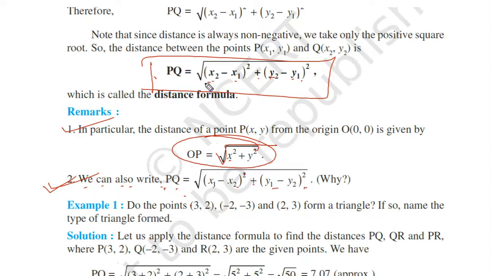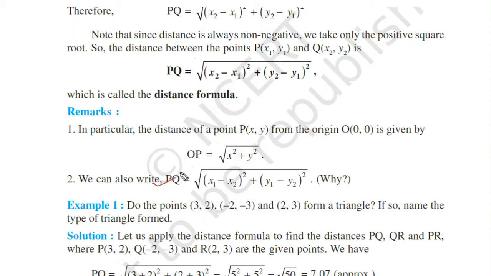See, x2 minus x1 square and x1 minus x2 square, are they the same? Yes, they are the same, because we are squaring it. As we are squaring it, plus or minus does not matter for us, so this also holds true.